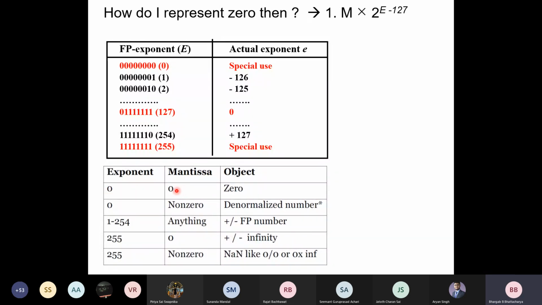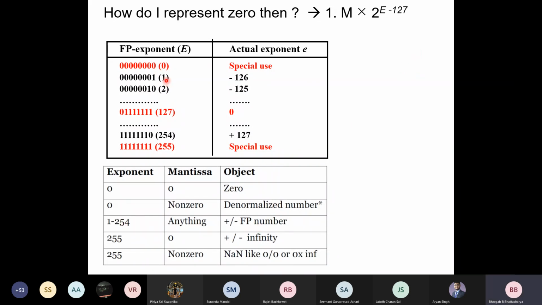Exponent is 0, mantissa is 0, then the number is 0. This is a special use, and this expression won't be applicable here. If the exponent is 0 but the mantissa is non-zero, then it would represent a denormal number that we would discuss a little later.